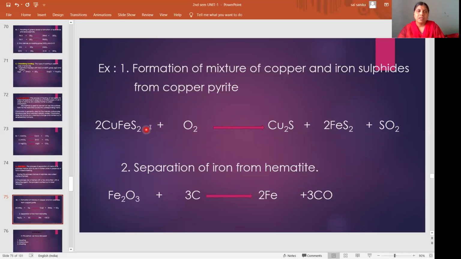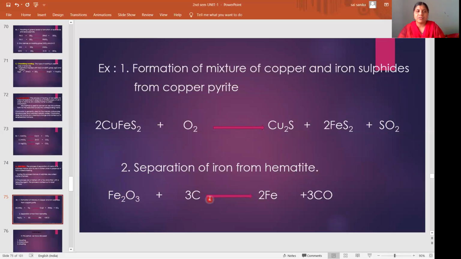That means from copper pyrites we are separating copper sulfide and iron sulfide, and sulfur dioxide is released. The second step is separation of iron from hematite. Hematite means iron oxide, and from this iron oxide you have to extract the iron. That means you have to reduce this iron oxide.